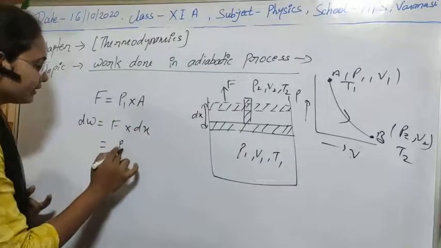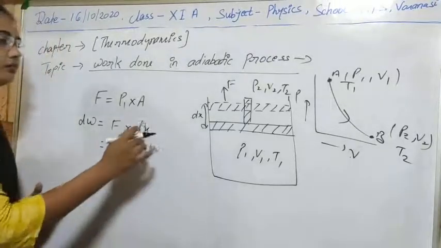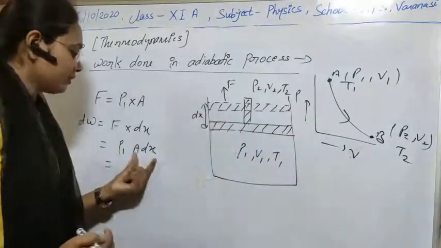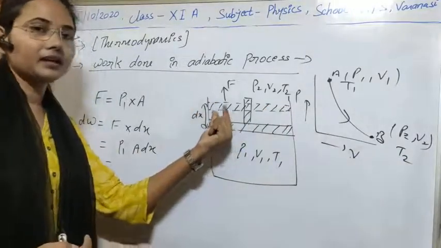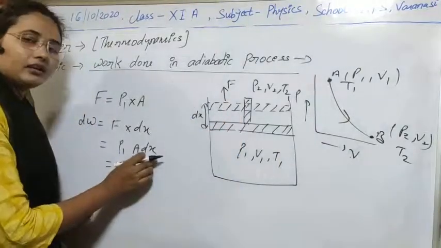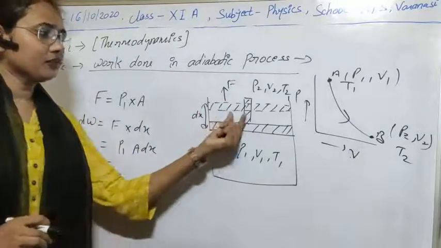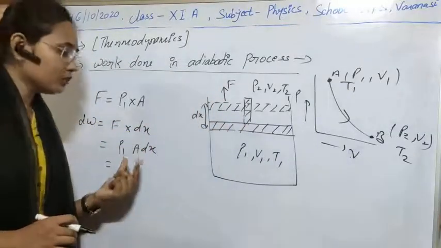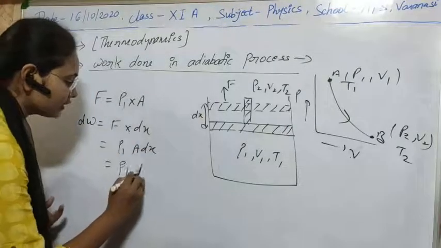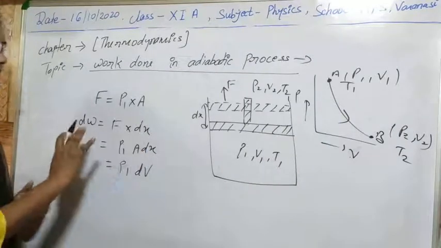So we can write P1 A dx, and A dx is the increment in the volume of the gas, because the piston is displaced by dx. So in place of A dx we can write dV. I think this is simple and clear to you.